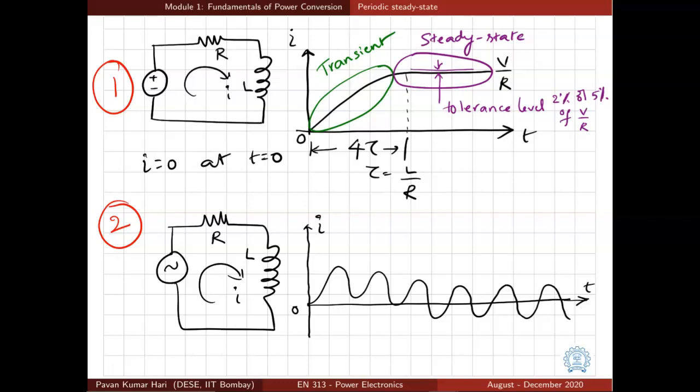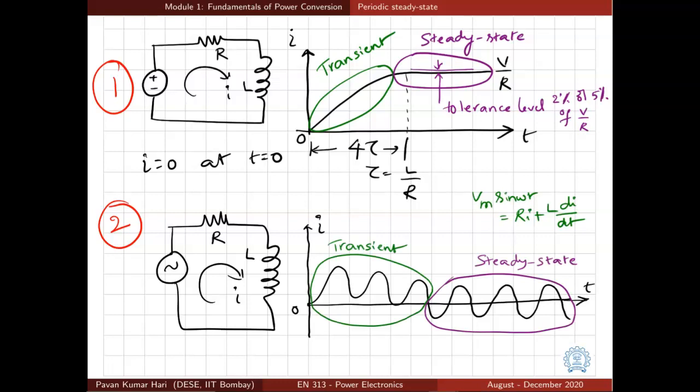You can prove this mathematically by solving the differential equation Vm sin omega t is equal to Ri plus L di by dt. As we all know, the solution to this differential equation has two parts: complementary function and particular integral. The complementary function is an exponential and the particular integral is a sinusoid.